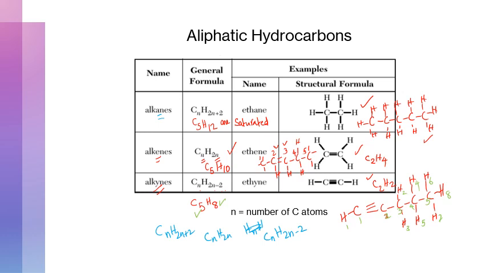When the number of hydrogen atoms decreases, we see a double bond and a triple bond forming. We call that unsaturated, meaning we can add more to it. The other one is saturated and this is an unsaturated hydrocarbon. So remember the formulas, so that it is easy to identify whether it is an alkane, alkene, or alkyne.